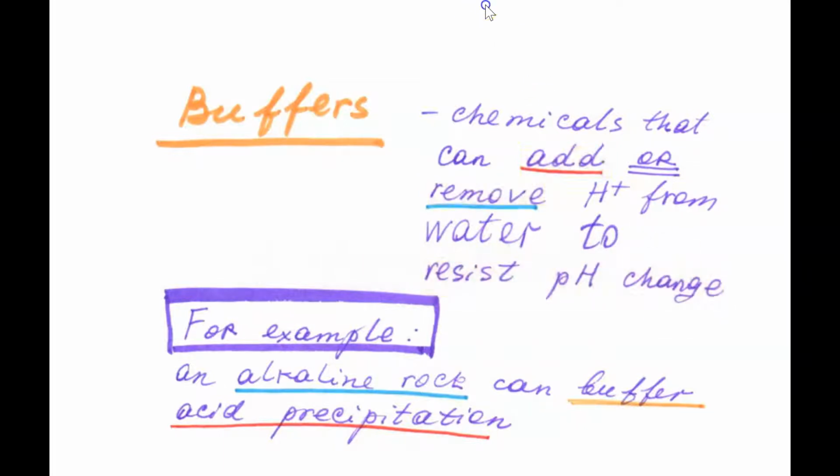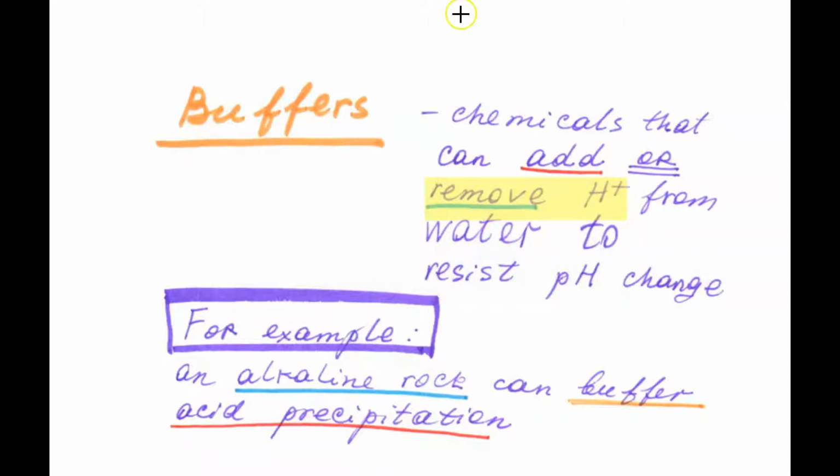So how can you think about it? Imagine that pH becomes too acidic. If pH is too acidic, what does it mean? It means that we have too many hydrogen ions. So what the buffer can do, it can remove the excess of hydrogen ions from water, and that would make the water less acidic.